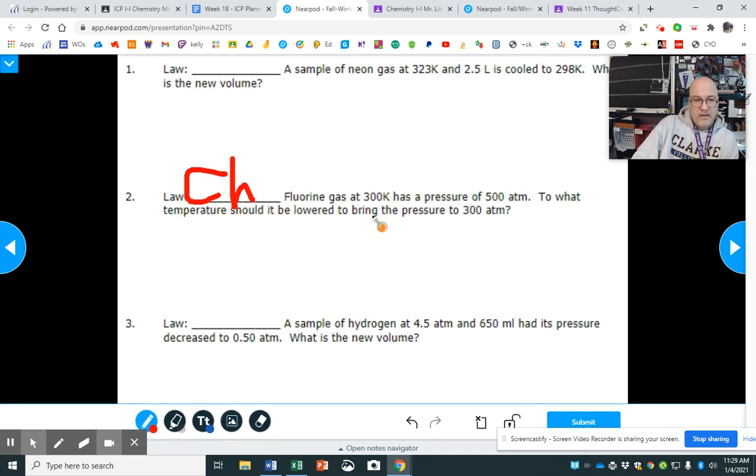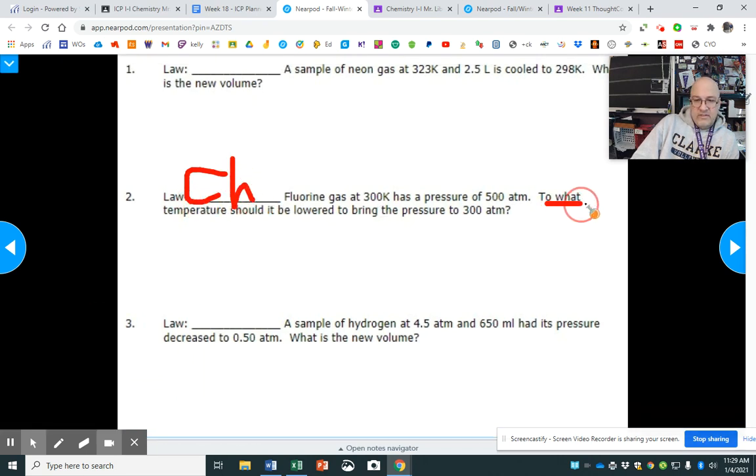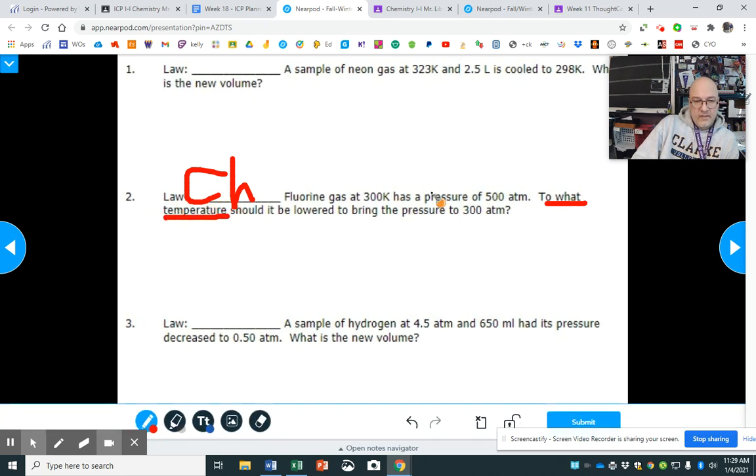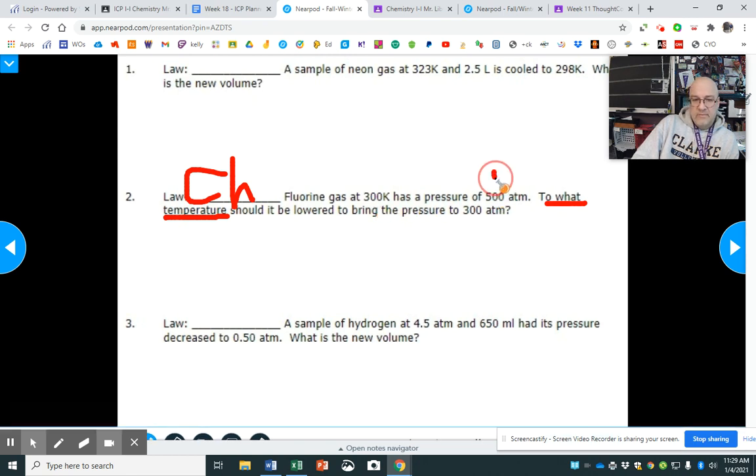All right. So this is a temperature. This is what we're looking for. Fluorine gas at 300 K has a pressure of. So those two go together. This is going to be P1.